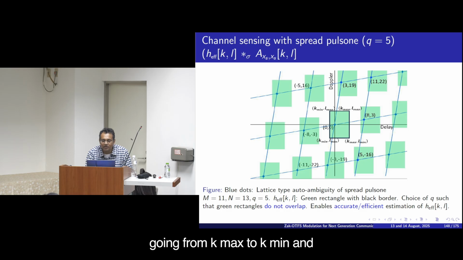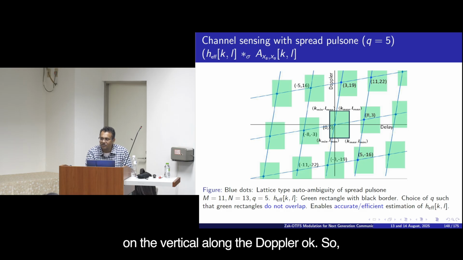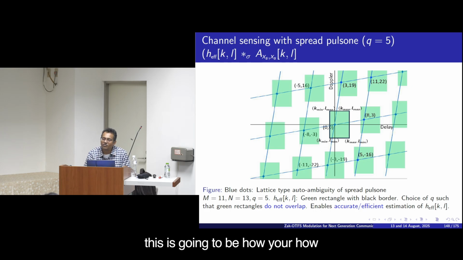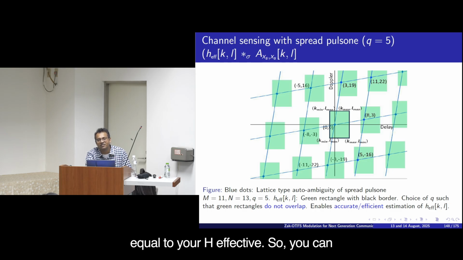It goes from k max to k min, and then you have l max and l min on the vertical along the Doppler. This is how the heat map of your received pilot is going to look, where the one placed on 0 is exactly equal to your H effective.